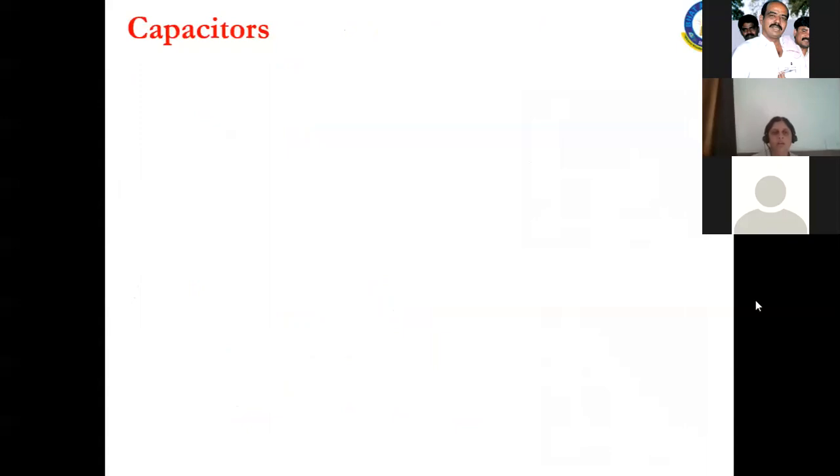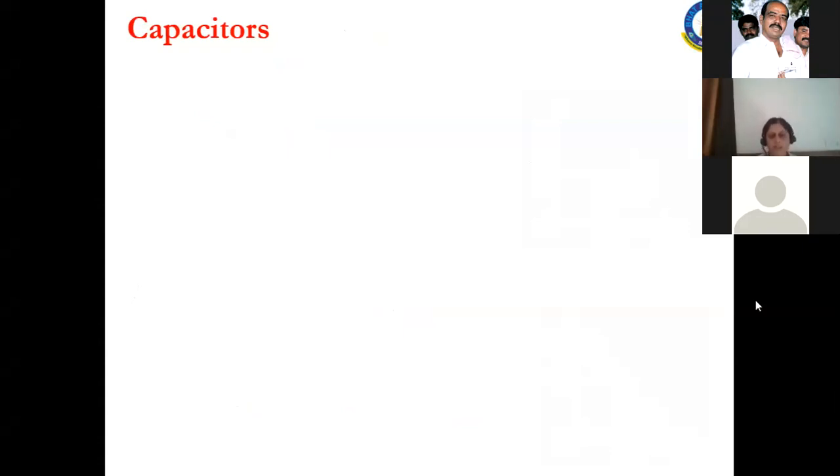Now moving on to capacitors. As I told already, a capacitor is nothing but two charged conductors separated by a dielectric medium, like parallel plate conductors. Dielectric means a non-conducting medium.